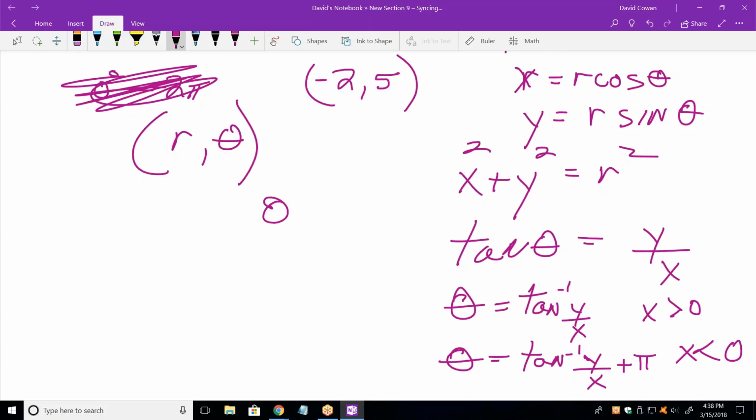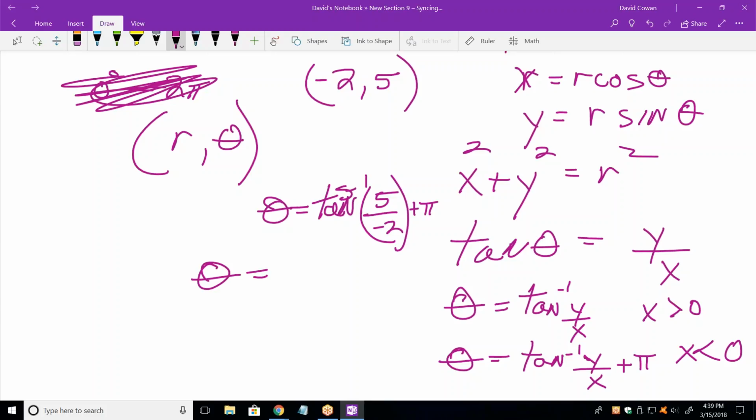Theta is going to be inverse tan of 5 over negative 2 plus pi. What is the inverse tan of negative 5 halves? Let me type that into my calculator real fast.